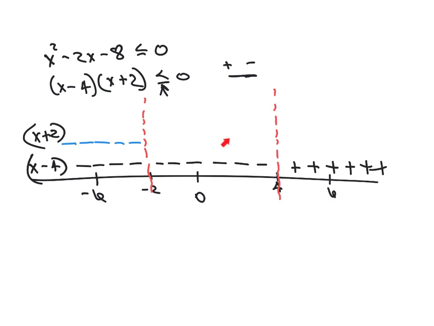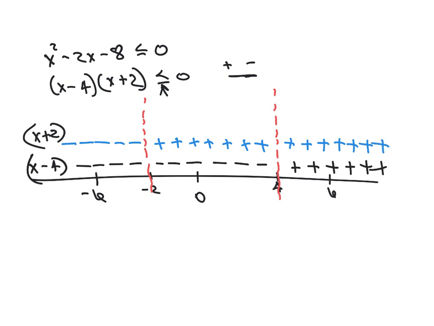Let's look at the numbers in this section here. Let's use 0 again. 0 plus 2 is a positive. So all the numbers within here are going to be positive. Now let's look over here. Let's pick 6. 6 plus 2 is 8. That's a positive. So we continue to have positive numbers over here.